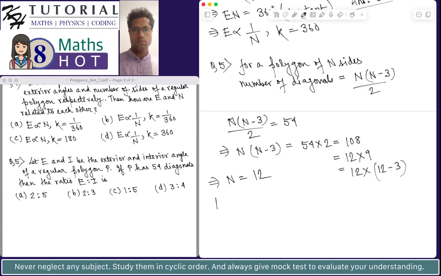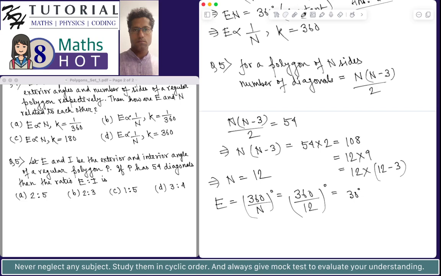Okay, so for a regular polygon of n sides, we know that E will be equal to 360 by n degrees, which for this polygon P where n is 12, is 360 by 12, which is equal to 30 degrees.